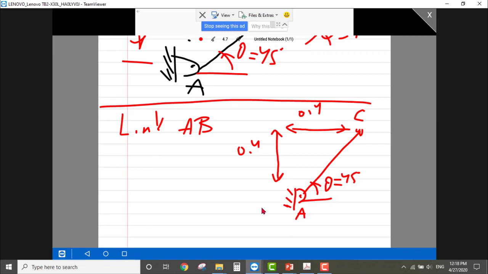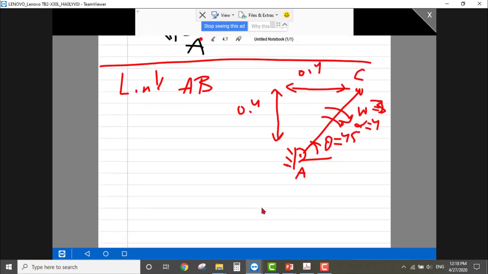What else? Alpha and omega are given. So omega is equal to 3 rad per second, and alpha is equal to 4 rad per second.